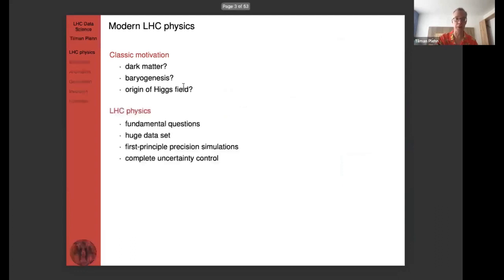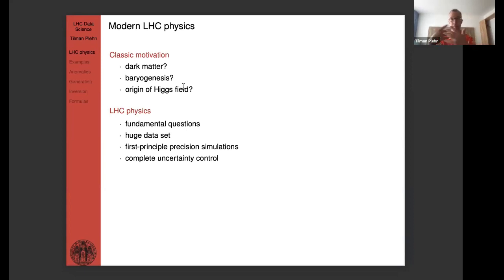So these are the questions. What makes LHC physics what it is, is that we have these fundamental questions and try to answer them with a huge data set, maybe the biggest scientific data set in the world. The opportunity that most other fields don't have is that we can use first-principle, quantum field theory based precision simulations to understand that data set.